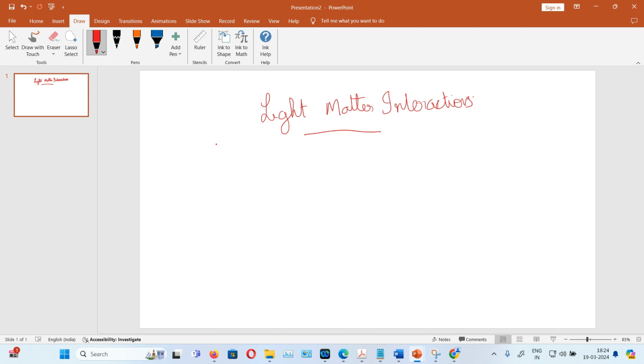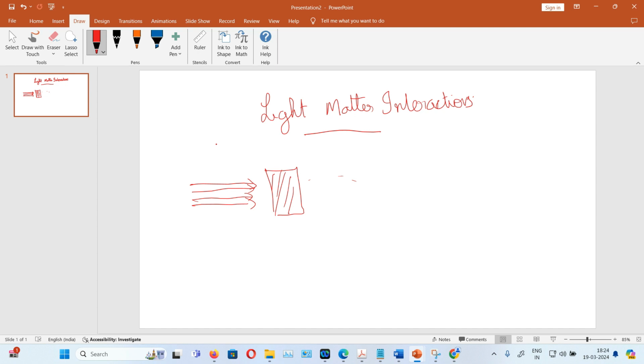So what happens when light rays are coming? If this is an opaque material, there will not be any light ray after these particles. You can see that light will be coming, not light particle, so light rays.